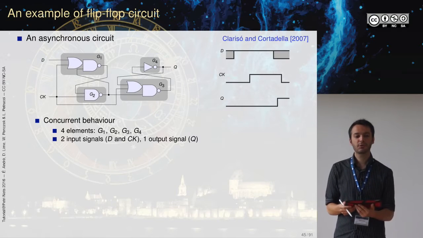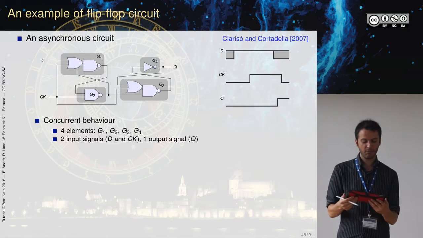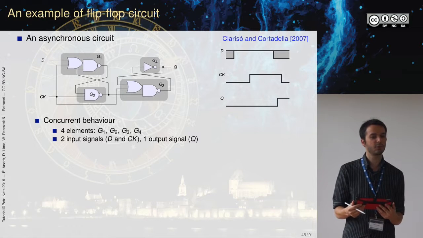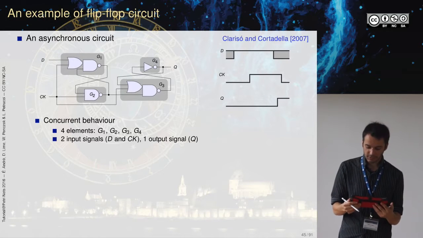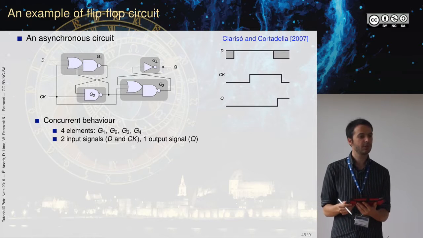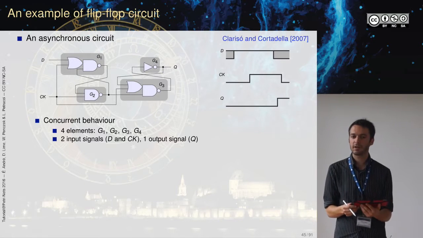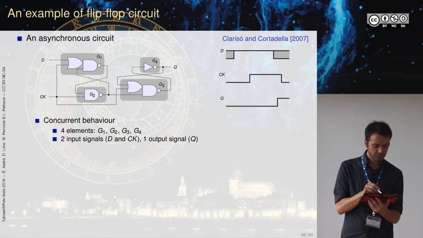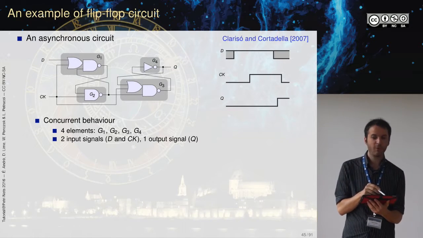A bit earlier today, I told you that we can model hardware components with parametric timed automata. So this example is an asynchronous circuit studied by Clariso and Cortadella, two people working on hardware verification with parameters. And those components, we have 4 of them, G1, G2, G3, G4.